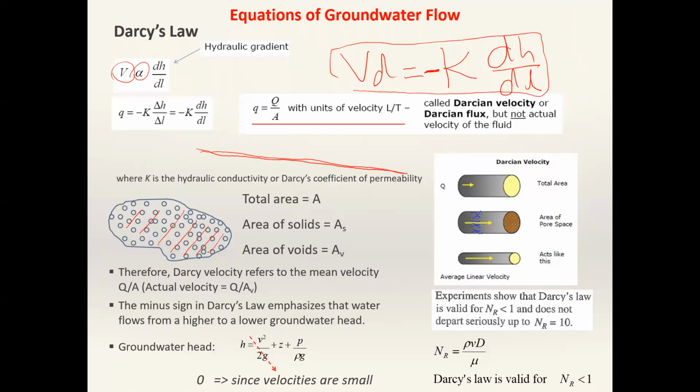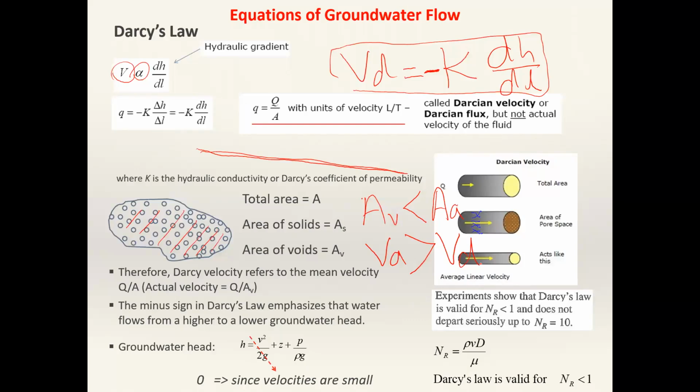Therefore, the actual area and the area of the soil sample are different. In fact, the area of the void is smaller than the actual area. Therefore, the actual velocity is larger than the Darcy velocity.